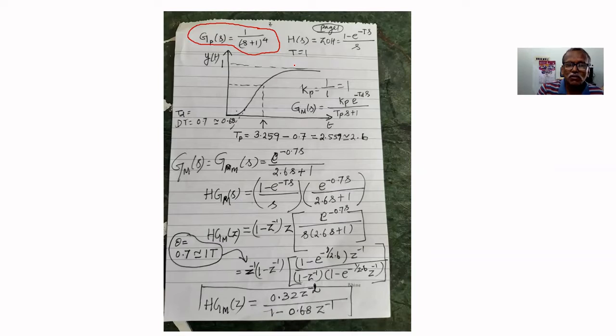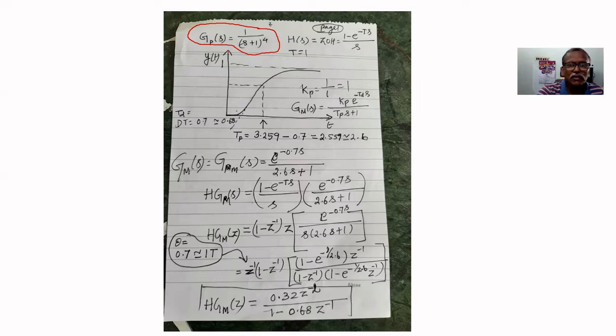All components in the loop will be included, so the order of the system will not be less than 5. But it's not possible to find the exact mathematical model of the process. That's why we get an approximate mathematical model from experimental data to design the controller. This is the usual practice.